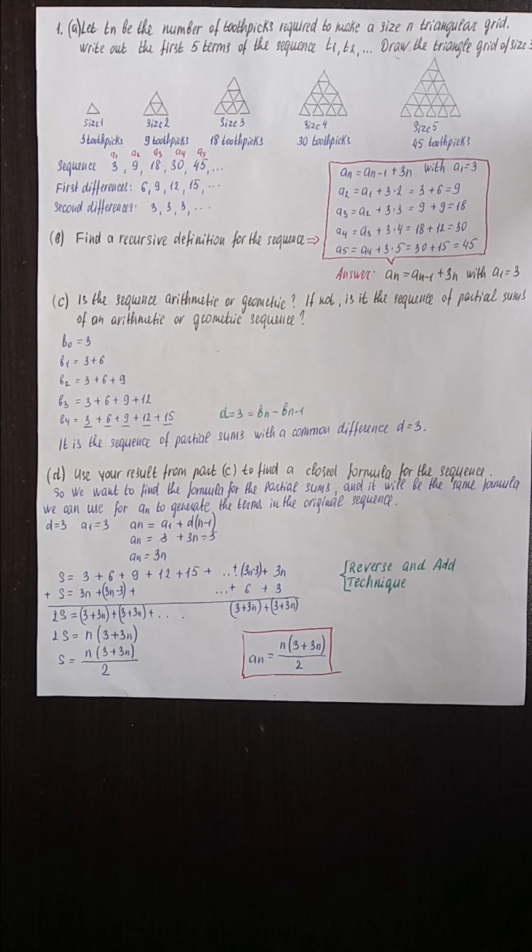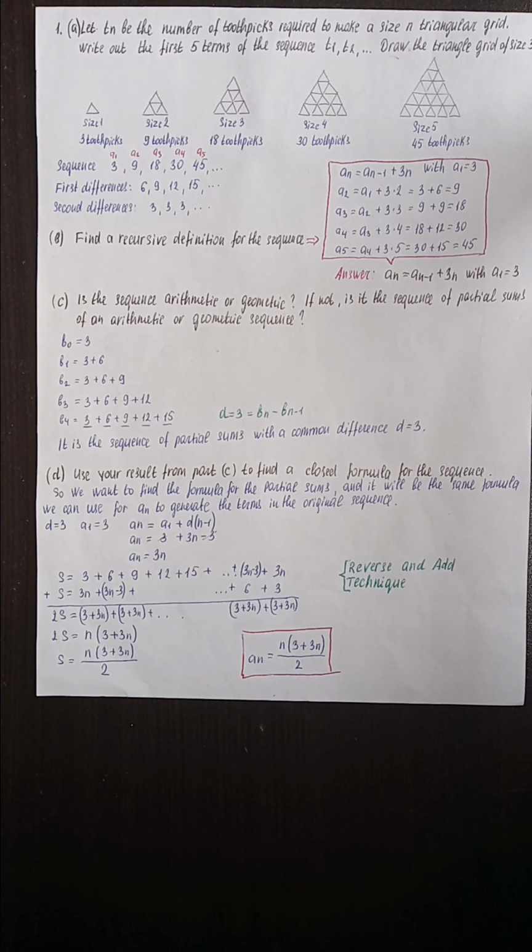For part C, we are asked to define the sequence as arithmetic or geometric. Writing the triangular numbers like this helps to see that the first sequence is the sequence of partial sums of the second sequence, and if we know how to add up the terms of an arithmetic sequence, we could use this to find a closed formula for a sequence whose differences are the terms of that arithmetic sequence.